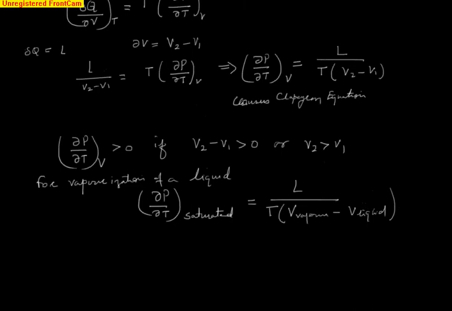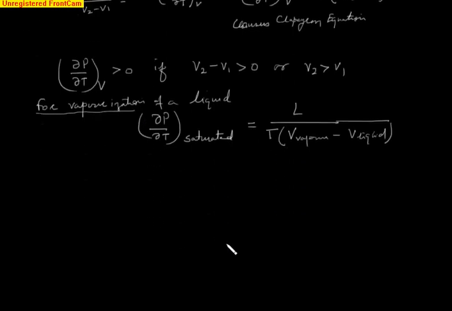So this way we can rewrite the Clausius-Clapeyron latent heat equation for the vaporization of liquid, and for this condition the volume of vapor state should be greater than volume of the liquid state, and for that it means that the liquid must expand on getting the latent heat.